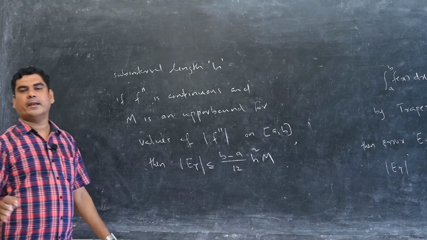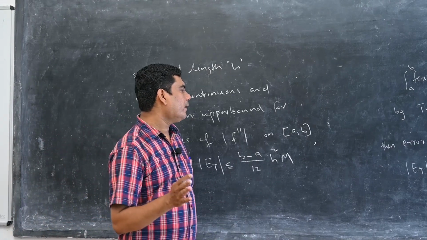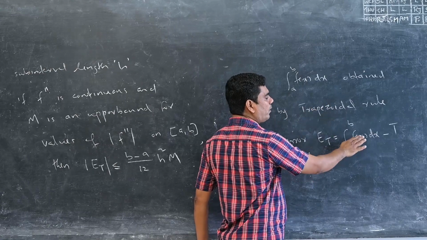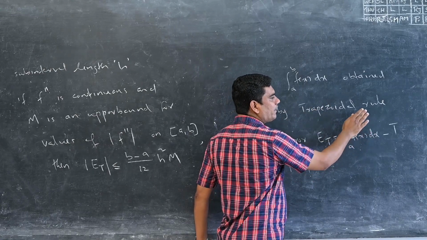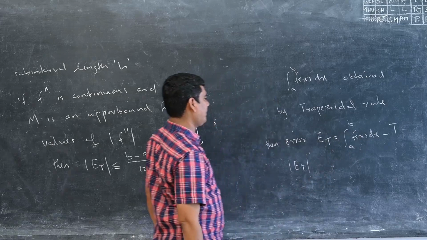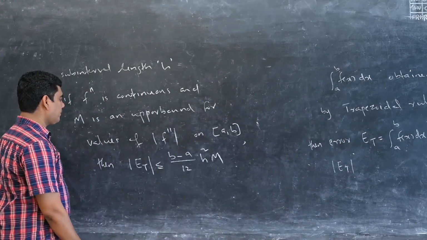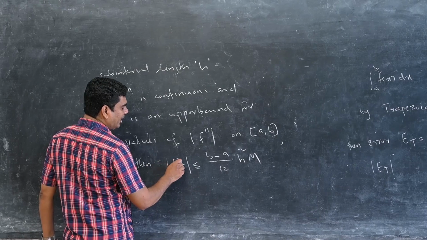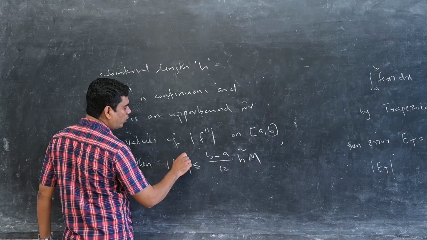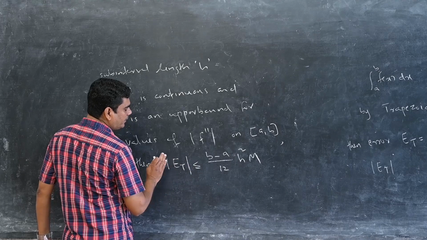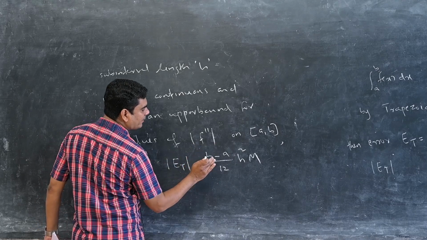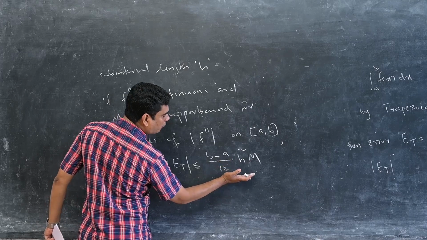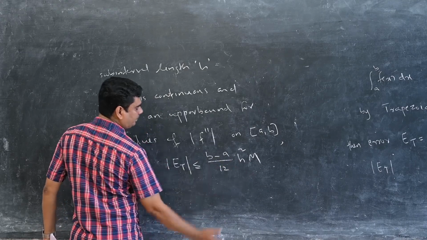So let T be the approximate value of integral a to b f x dx obtained by trapezoidal rule with subinterval length h. Then the maximum possible value of error, modulus of Et, is less than or equal to b minus a divided by 12 into h square M. This is an upper bound for the error.